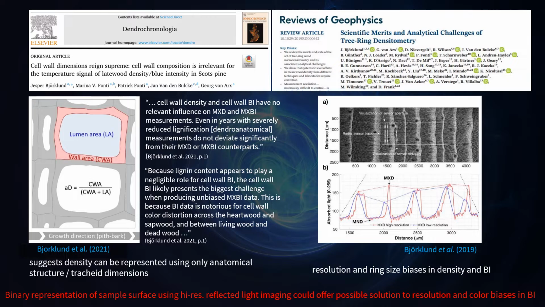And whether this representation could then be used to create a new version of a density data set, which would not have the same resolution and color related biases as we see in blue intensity.